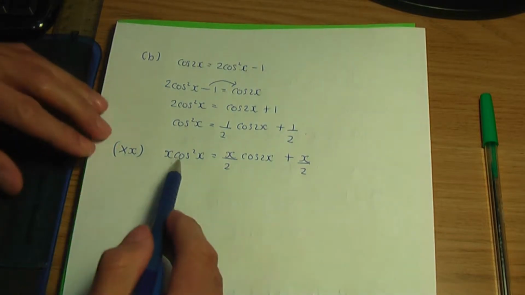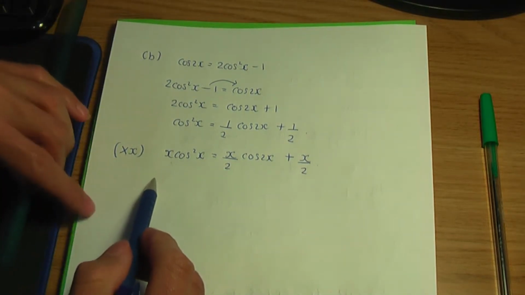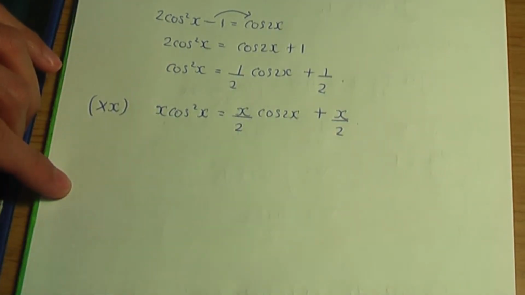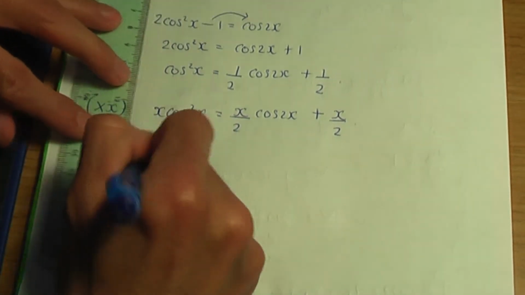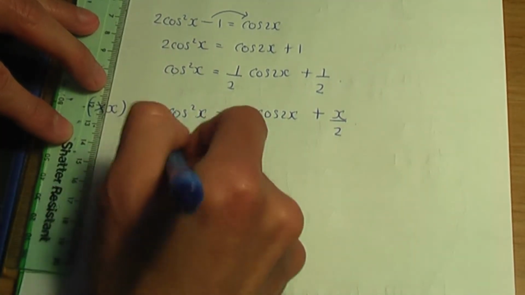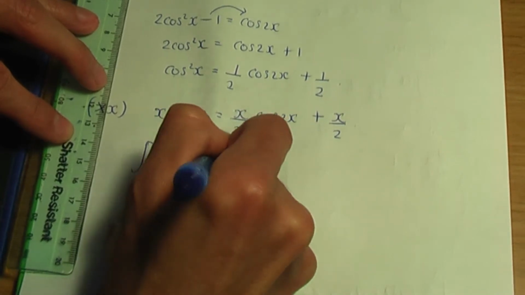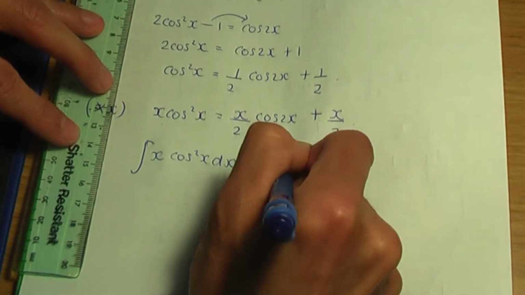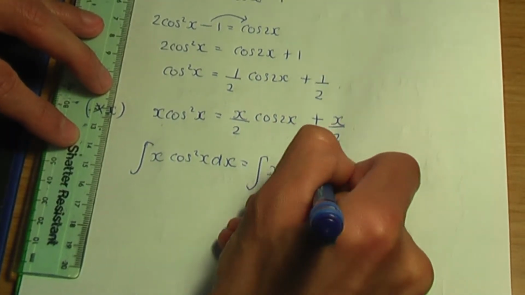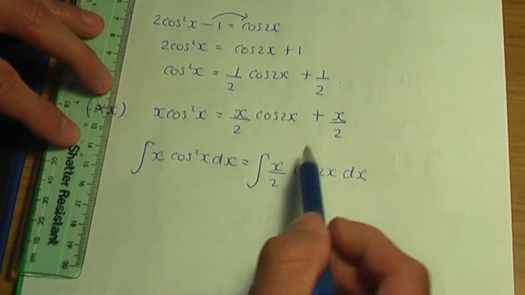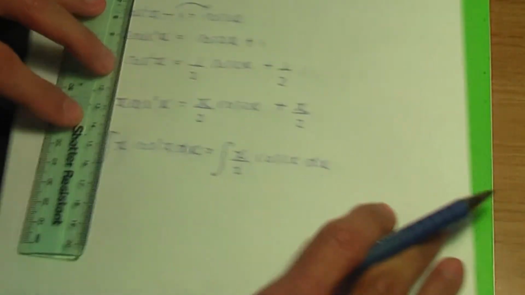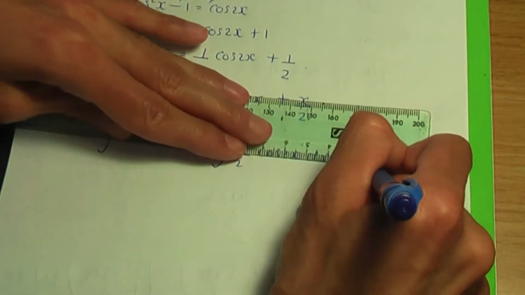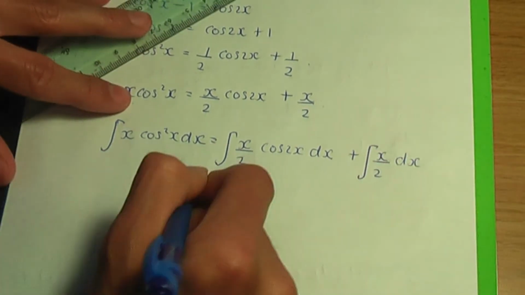Now, in order to work out the integral, which is what's required in the question, I can integrate every term, the left hand side as well as the terms on the right. So if I integrate both sides, I end up with the integral of x cos squared x with respect to x equal to the integral of x over 2 cos 2x with respect to x, written as two separate integrals, plus the integral of x over 2 with respect to x.